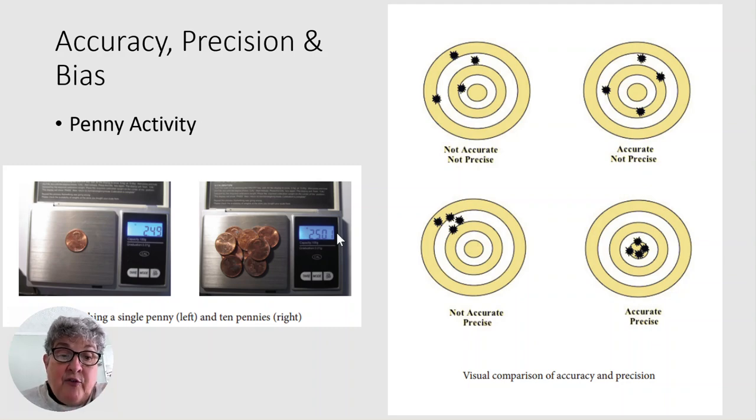So the average penny is, if I divide that by 10, 10 is an exact number. There are exactly 10 pennies. So if I take my 25.01 and divide it by my 10, I'm going to get a number that says 2.501 because I'm dividing by an exact number.